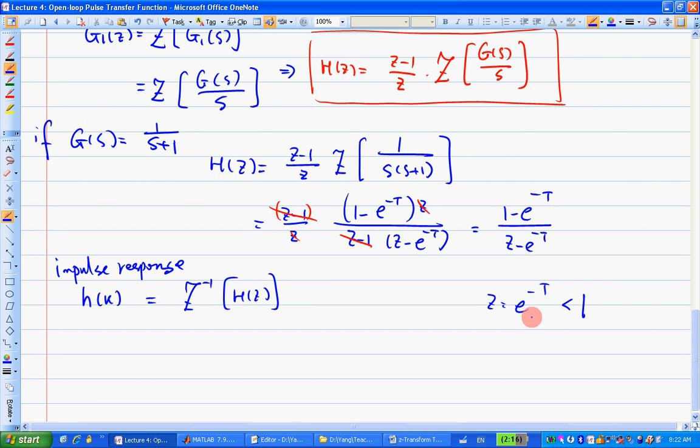That's a question of how the location of the pole relates to how fast the response is going to be. I think we'll deal with that later.